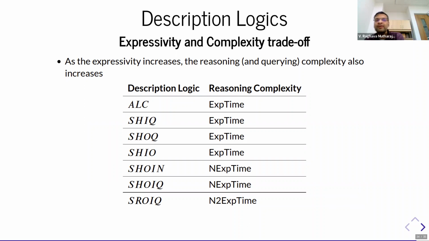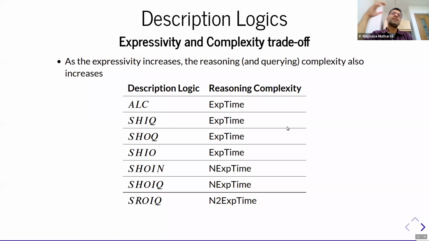So there's a trade-off between these two, and we have listed the reasoning complexities here. ALC is exponential time, and so on and so forth, until you get here. SHIQ is non-deterministic exponential, and SHOIN would be double non-deterministic exponential. These are all, in some sense, disheartening.